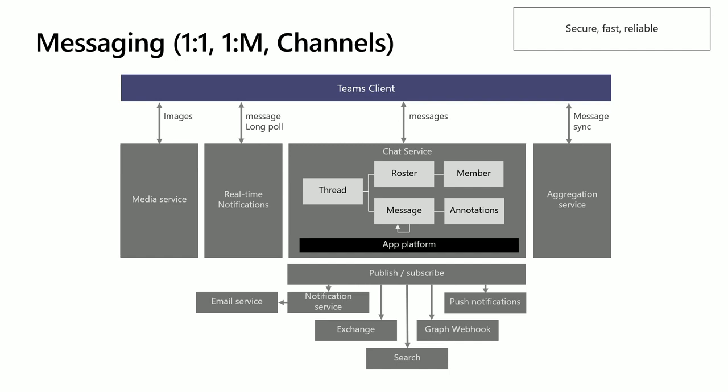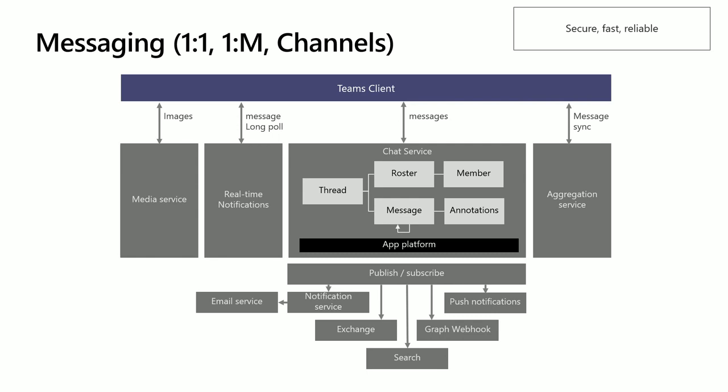And then when you have message reply chains, which are the threads in Teams, those are replies to that original message. The members of a chat are stored in what's called the roster, and then there are messages and the annotations to them. Things like has somebody replied? Does it have message reactions? Those are the annotations.